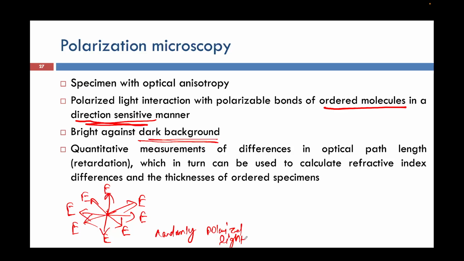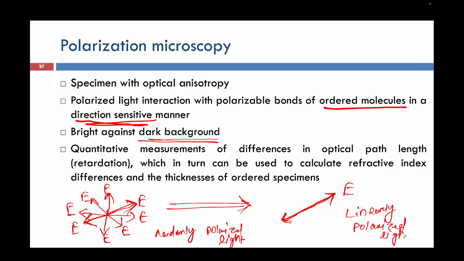And if I want to use my light in a linearly polarized manner, then my E vector is going either in this direction or in this direction. So this is linearly polarized light. How I will get the linearly polarized light from the random light, I will show in the next slide. But for now, this is the randomly polarized light and this is the linearly polarized light.